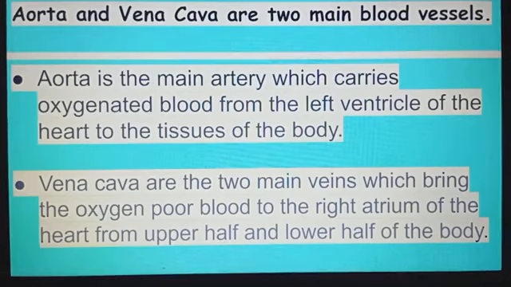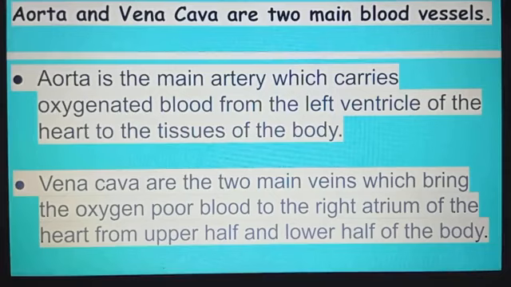Now, aorta is the main artery which carries oxygenated blood from the left ventricle of the heart to the tissues of the body. That means from the ventricle, the blood which is pumped out is pumped to the aorta. Aorta is the biggest artery.